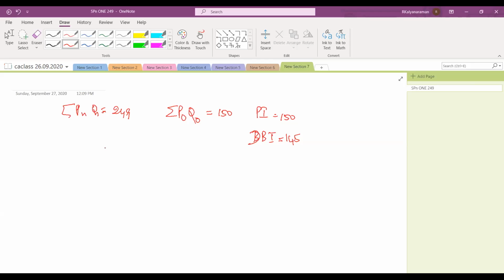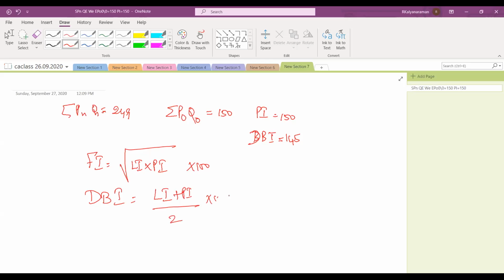So we see that from the base concept, Fisher's index number is nothing but root of Li into Pi into 100. Drobish and Bowley's index number is Li plus Pi by 2 into 100. And Paasche's is given as 150.